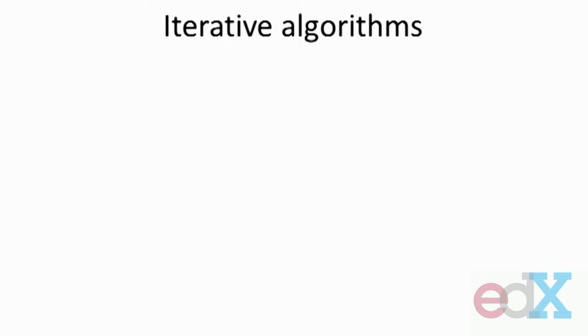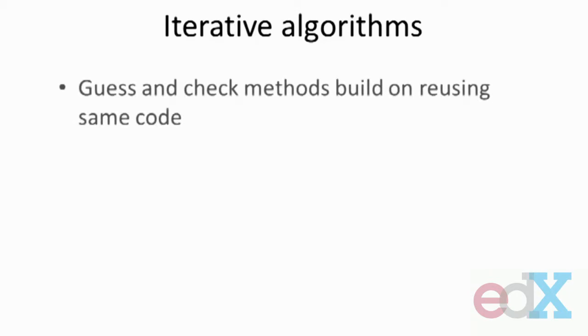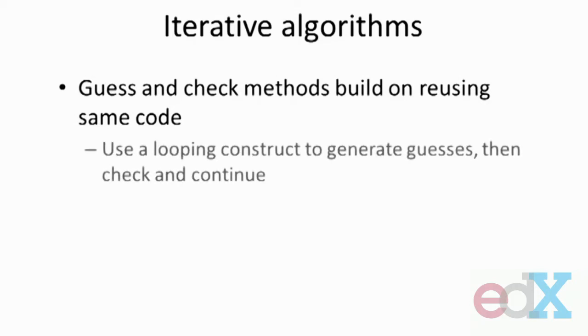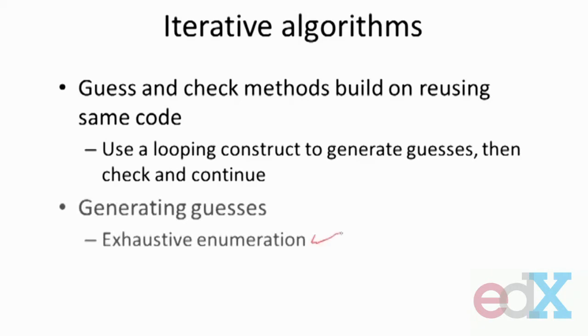So, we've now seen several examples. We've got this idea of iterative algorithms. We're using the same piece of code over and over again. We're using that to build up this idea of a guess and check method, where we guess solutions and then check them. We use a looping construct to generate the guesses, and then we just check and keep going. And what have we seen? We've seen we could do exhaustive enumeration, where we just do a whole bunch of trials.